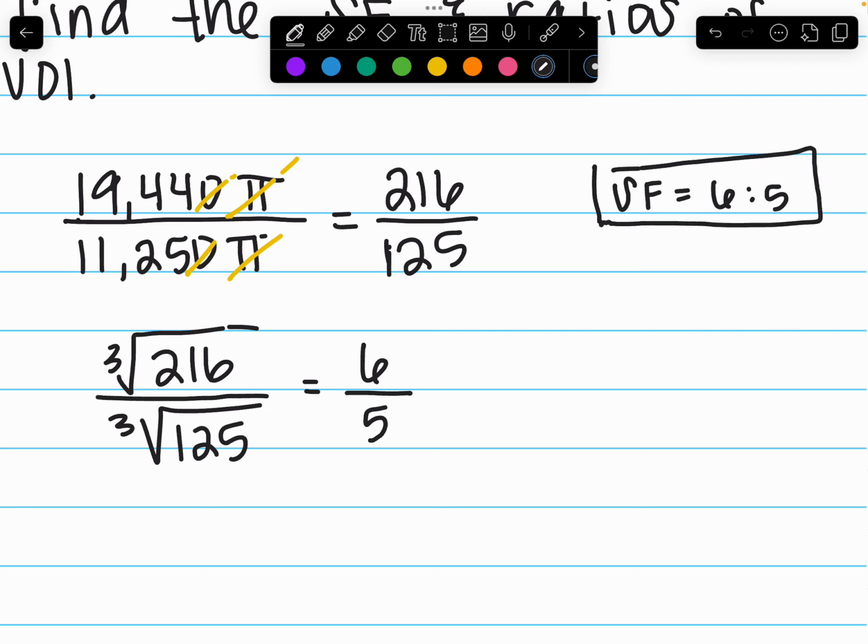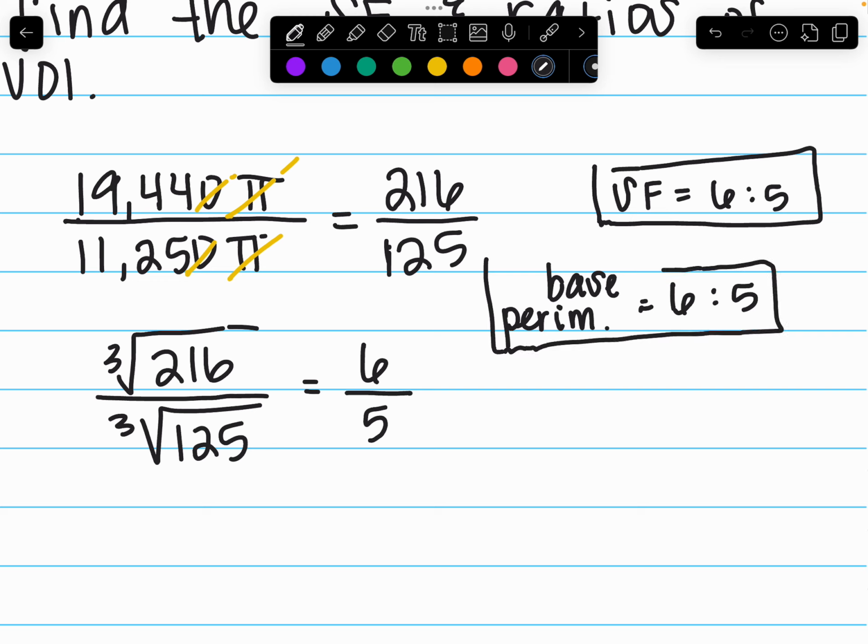That's one of our answers. The ratio of the perimeters, or the base perimeters, would be also 6 to 5, or the ratio of the circumference, since they're cylinders. And then the ratio of the, what do you call it? Give me a second. Surface area, sorry. The surface area ratios, I'm going to put an arrow because it's technically not equal per se.